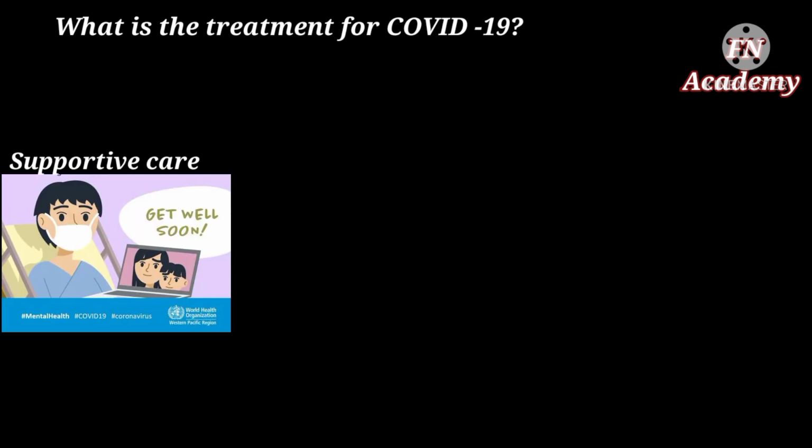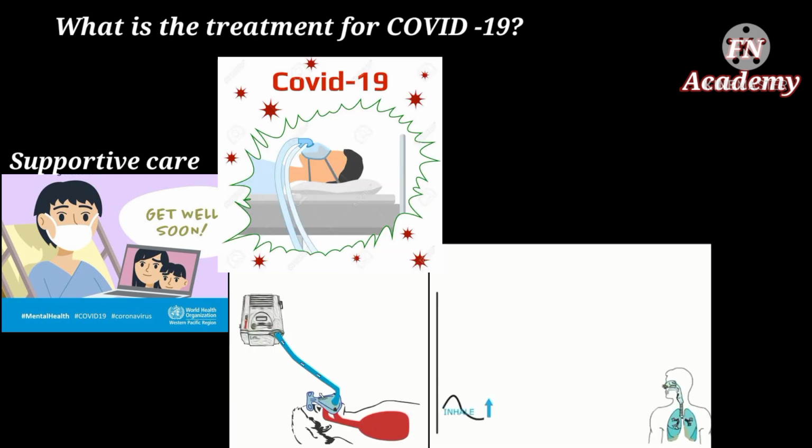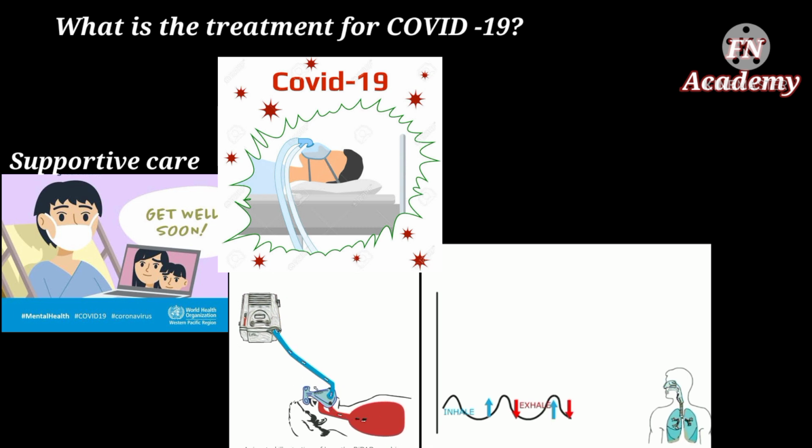For the people who develop much more serious symptoms and need to be hospitalized, the treatment is primarily focused on supportive care while their body fights the infection and to reduce patient symptoms. Patients who have trouble breathing may be given supplemental oxygen.